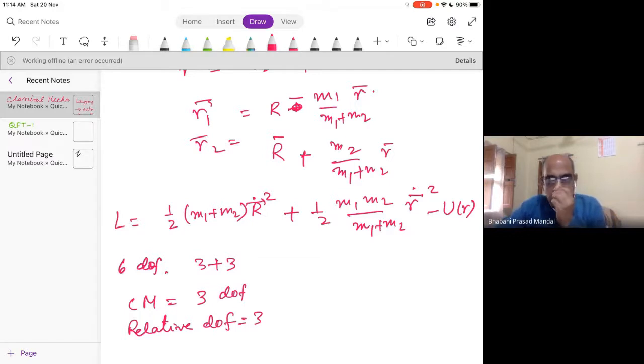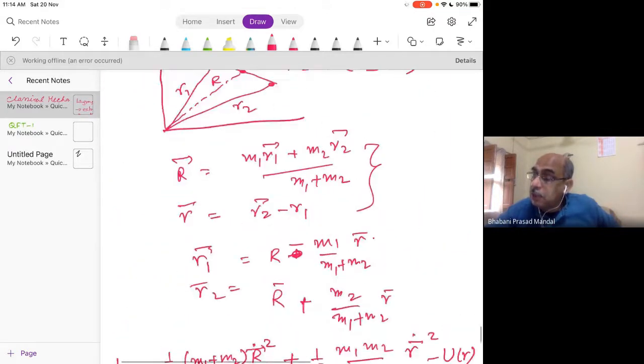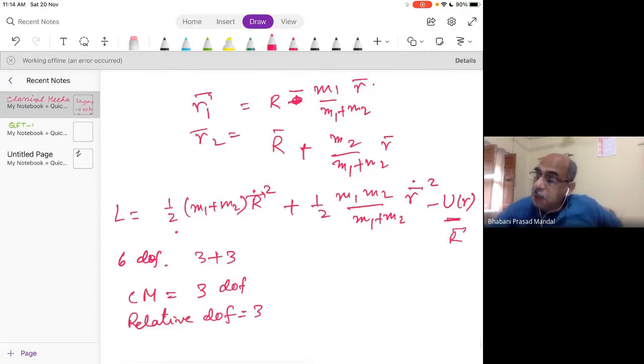Okay. But interesting thing by this mathematics we obtain is that this potential does not depend on capital R, because of our choice that potential depends on R2 minus R1. So if it depends only on the relative coordinates, then this is a free particle.